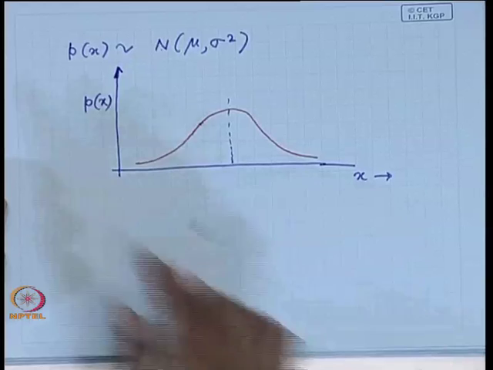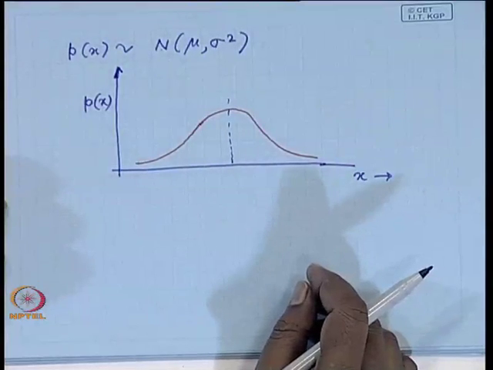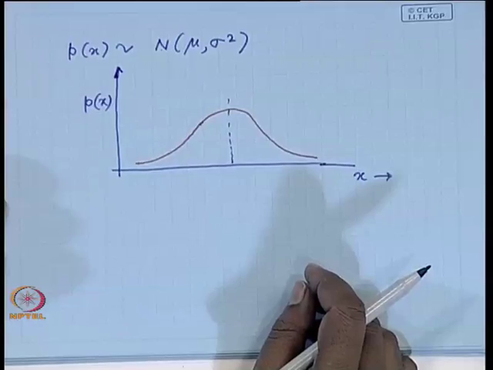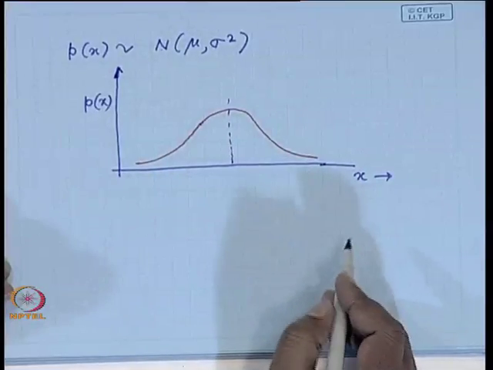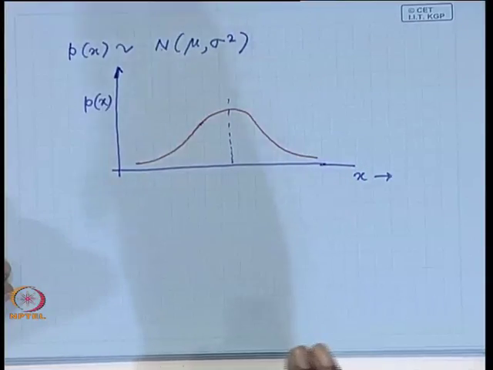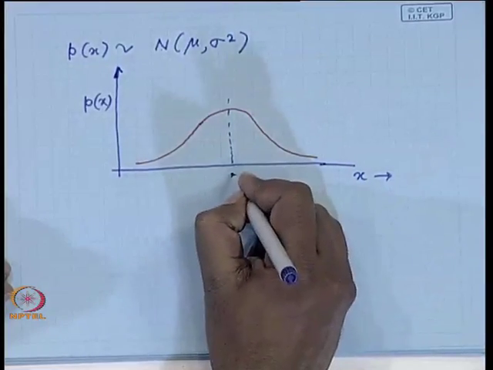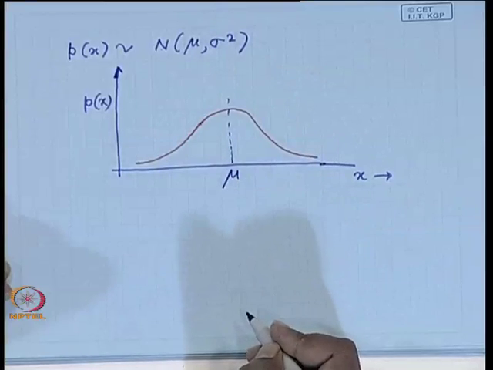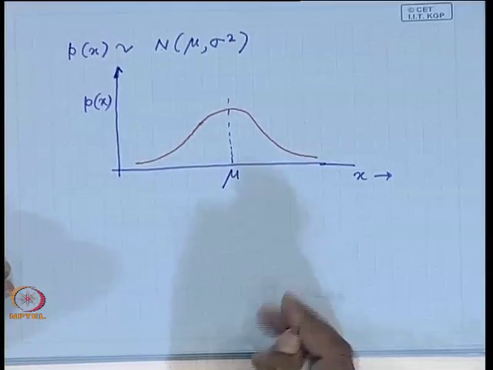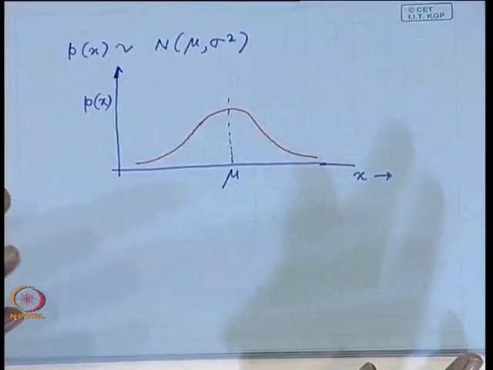When I have this single variable normal density, it tells you that if you take samples from the same population, how those samples are going to be distributed. The maximum number of samples will be around this mean value mu, and the other sample values will be distributed according to this.